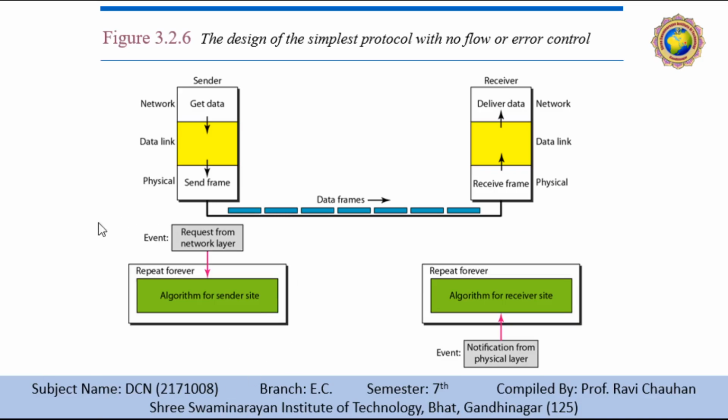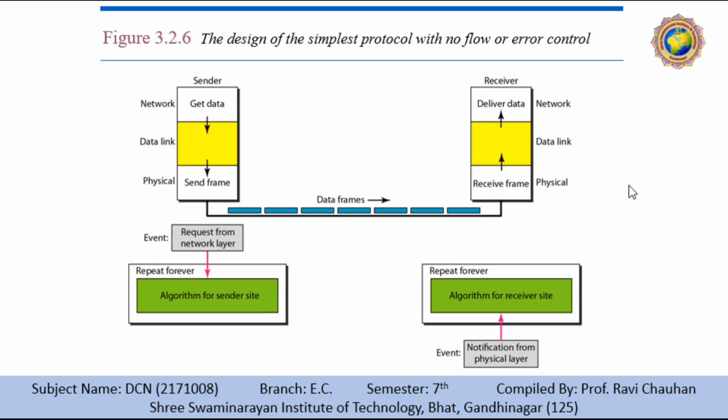Okay, so what is the design of our protocol? There is no need for flow control in this scheme. The data link layer at the sender side gets the data from the network layer, makes a frame out of the data and sends it. The data link layer at the receiver side receives the frame from the physical layer, extracts the data from the frame and delivers it to the network layer. Okay, the flow is over here.